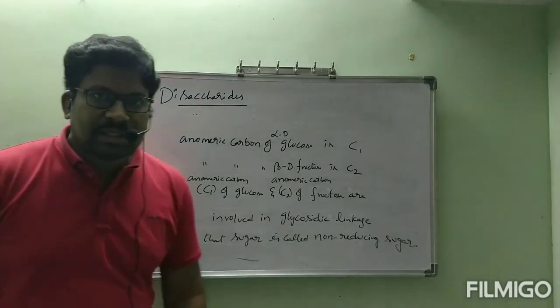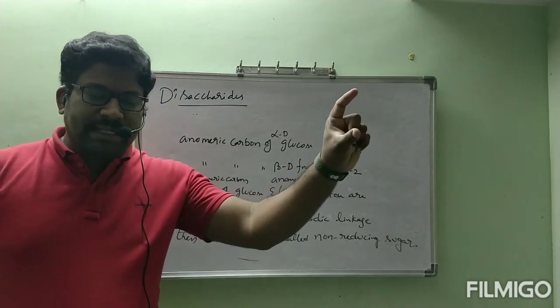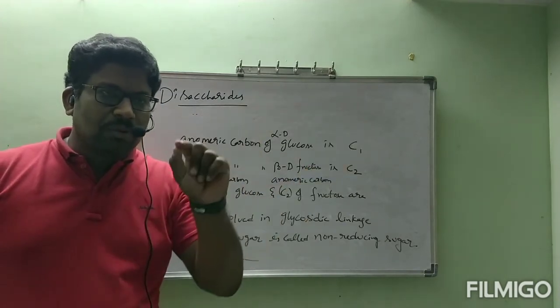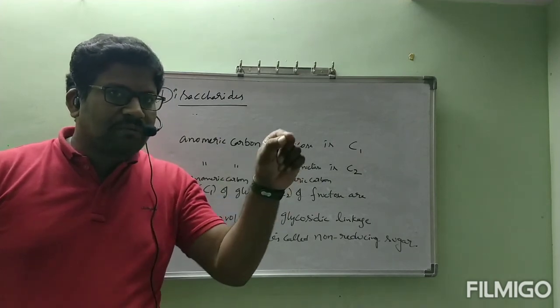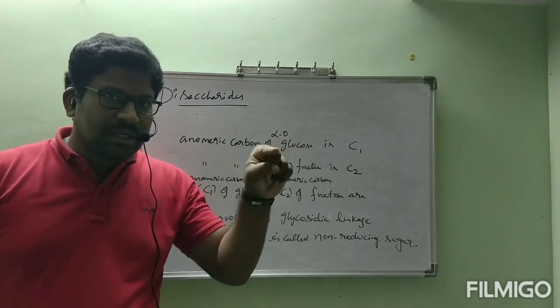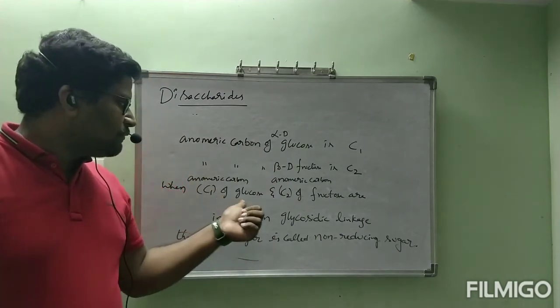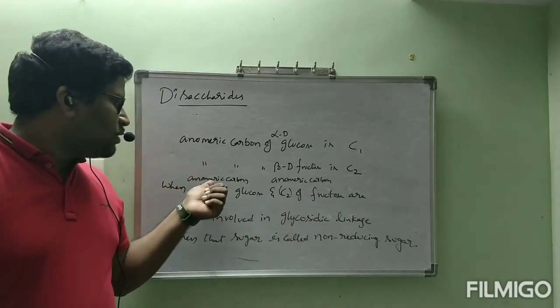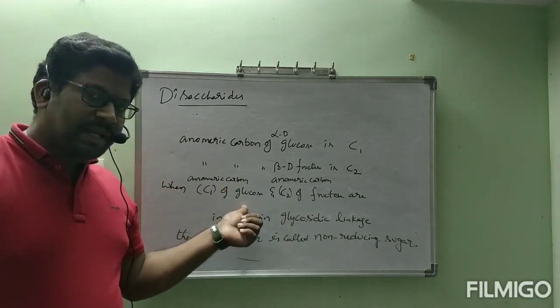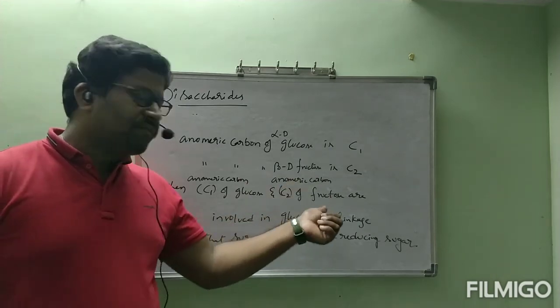If you remember the structure, I wrote glucose on the left and fructose on the right; the C1 carbon of glucose, the oxygen, and the C2 carbon of fructose are involved in the glycosidic linkage. Once you see the structure, you will understand. C1 is called the anomeric carbon of glucose. Already I told what is meant by anomeric carbon. C2 is called the anomeric carbon of fructose.